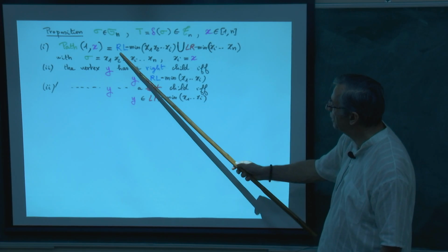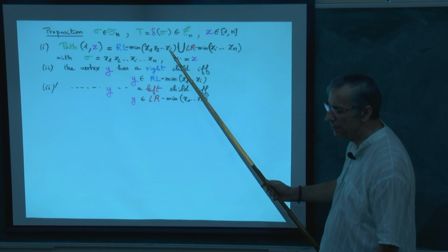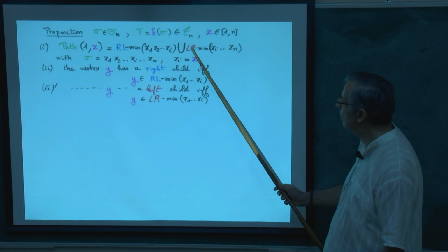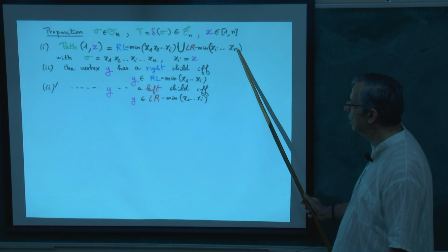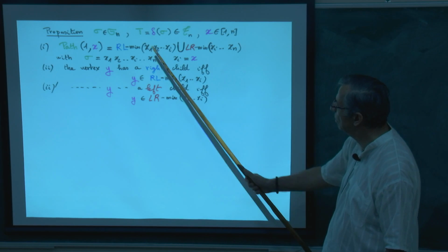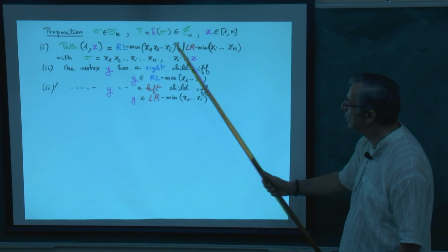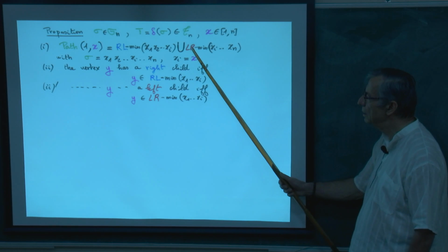And I claim that this path is the union of the right to left minimum elements of x1, x2, ..., xi, union the left to right minimum elements of xi, ..., xn. x is somewhere in sigma, so you take the left part, everything on the left of x, take the right to left minimum elements; everything on the right of x, take the left to right minimum elements.